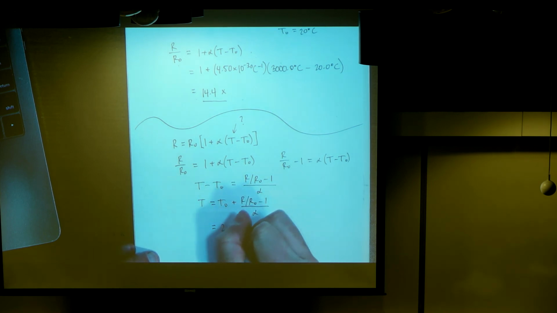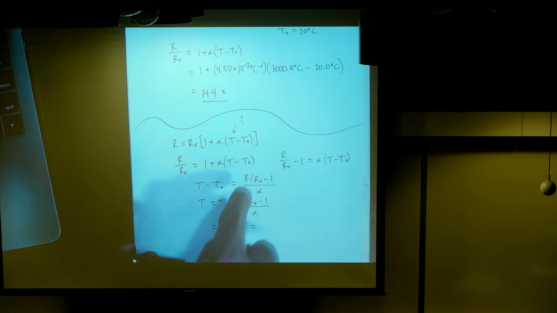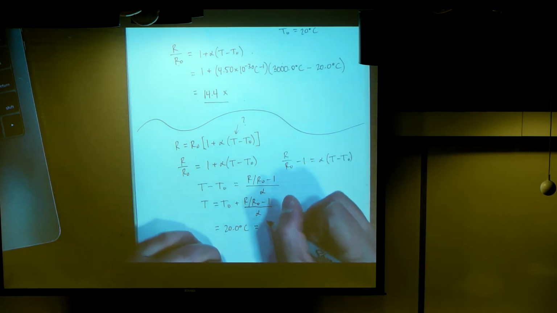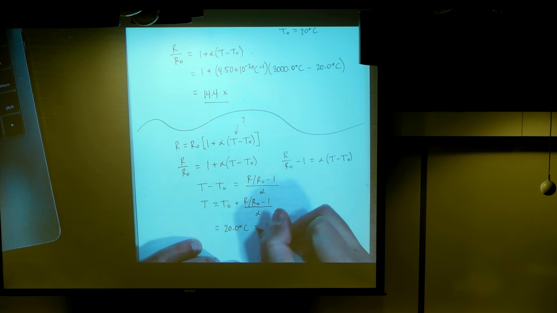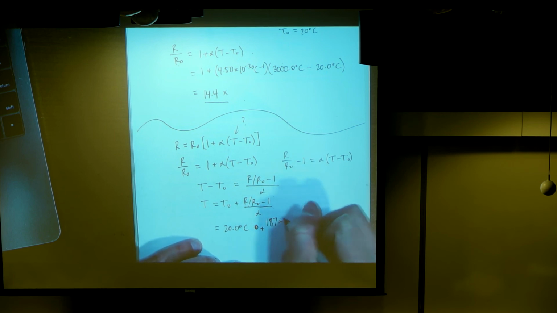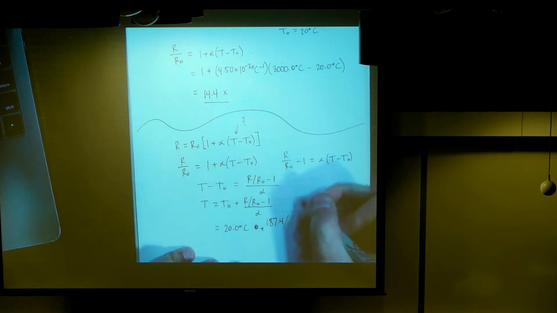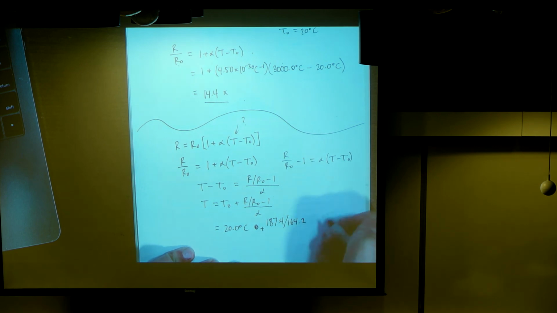So we have 20 degrees Celsius for T naught. R is the resistance after the platinum's been heated up, so that's plus 187.4 ohms. Sorry, that should be a plus sign. R naught, the resistance at room temperature, is 164.2 ohms.